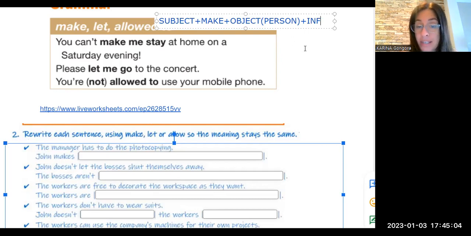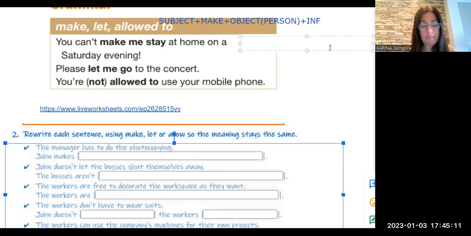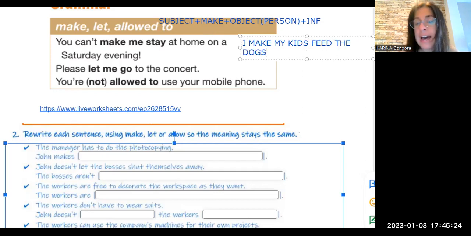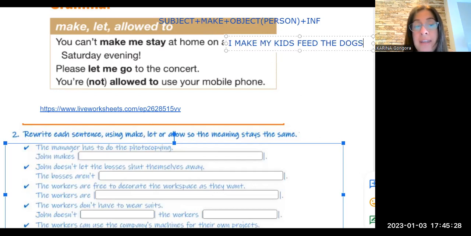I will write some examples. Voy a escribir algunos ejemplos acá, right? Next to the verb. For example, uno real. I make my kids feed the dogs, right? I make my kids feed the dogs, right? Prestemos atención a las diferentes estructuras.